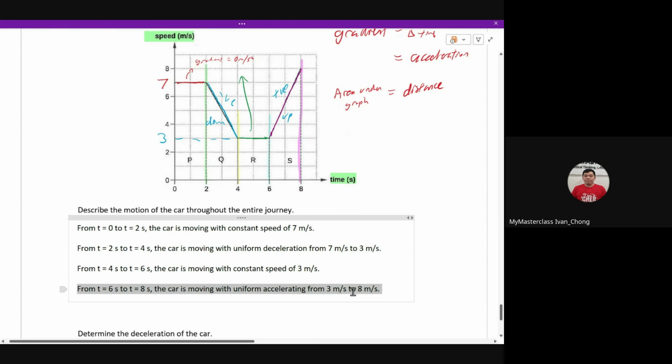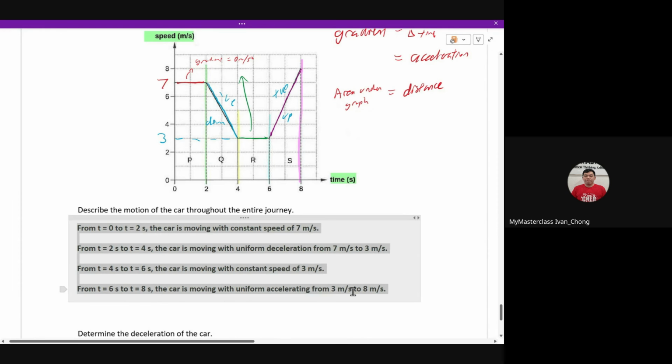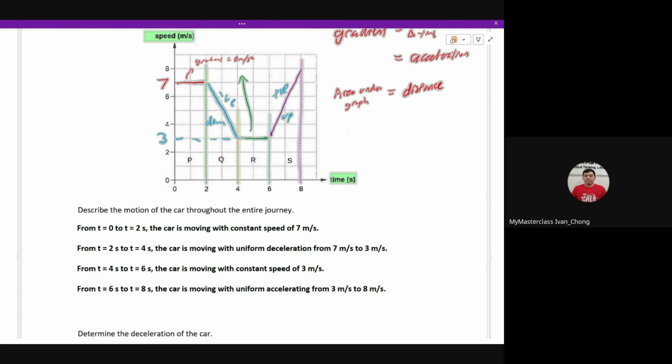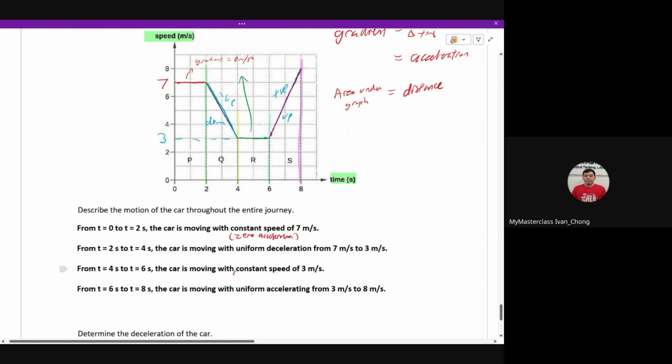It is basically, we always say the object is moving with something. Okay, so in this case, you can see that on top here, this is actually 0 acceleration. Same thing for this. This is also 0 acceleration. Okay, so we always make sure to use our gradient to describe it.